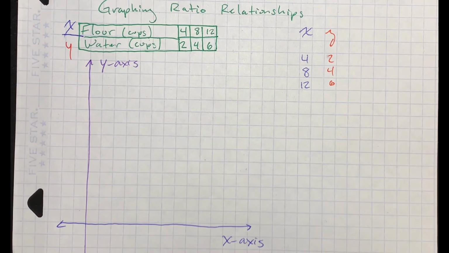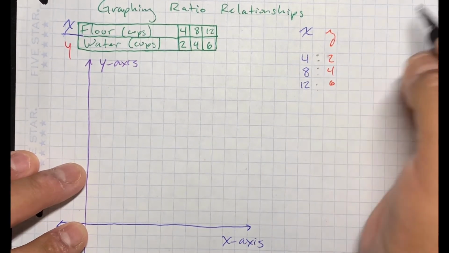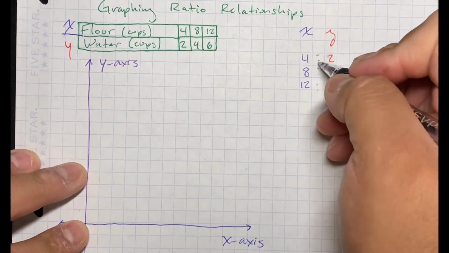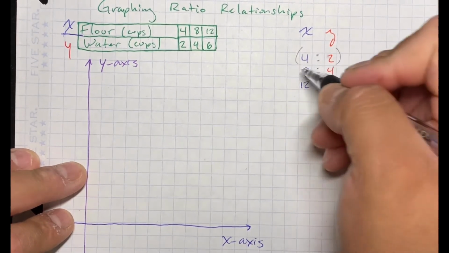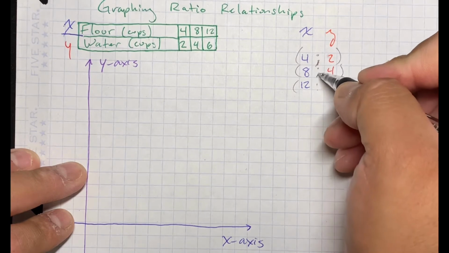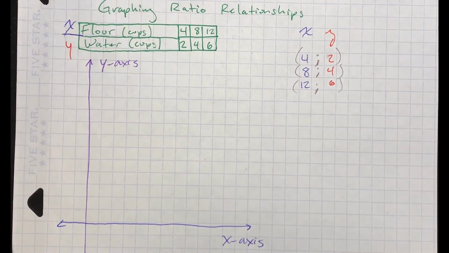Okay. So these are still ratios. Again, the measure is in cups, but to make them into ordered pairs, we're just going to keep them there. So we just put parentheses around them and pretend that the only thing in the middle is just a comma. Now from here, we're going to go ahead and plot this onto our coordinate grid.